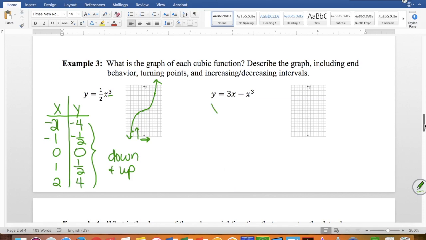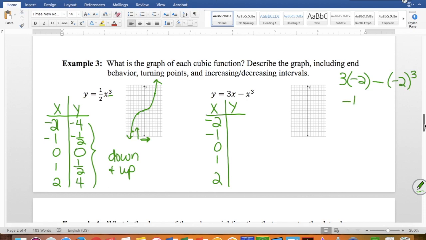Let's go ahead and make, again, a t-chart. We're going to use the same values. I may not be able to do this one in my head so easily. So over here, I'm going to do 3 times negative 2 minus negative 2 cubed. So 3 times negative 2 is negative 6, minus, well, negative 2 cubed is a negative 8.